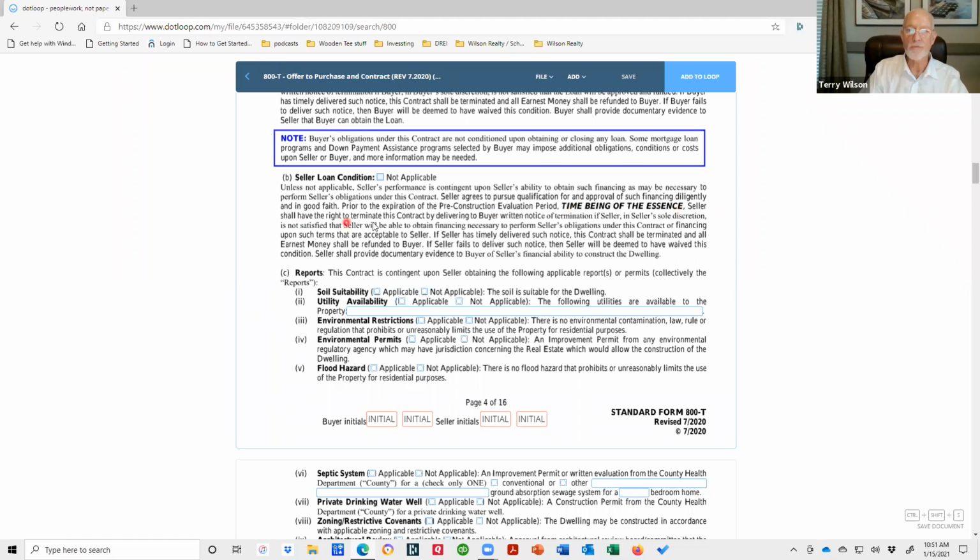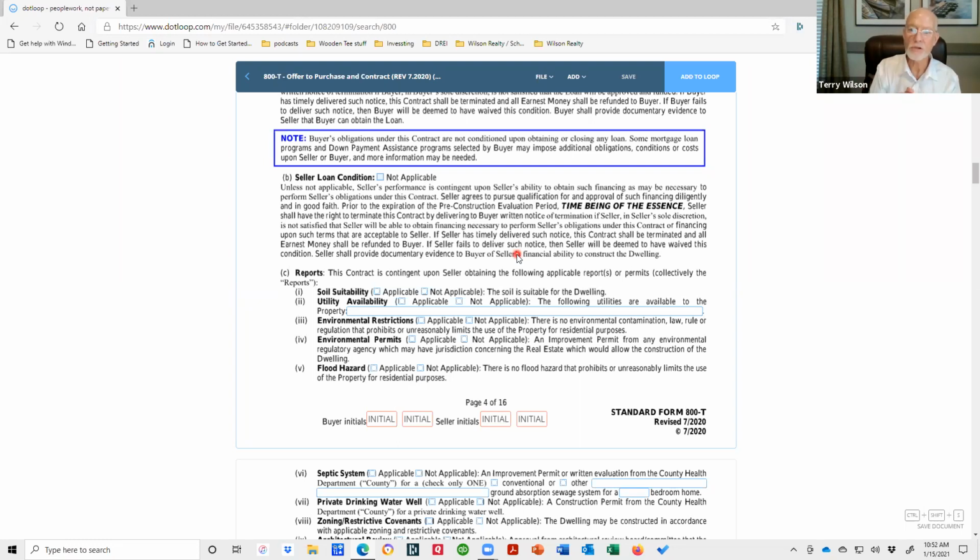The seller shall have the right to terminate this contract by delivering to buyer a written notice of termination if, in the seller's sole discretion, they can't get financing. And if they can't get financing during the pre-construction due diligence period, then the seller will deliver that notice. The contract will be terminated. Earnest monies will be refunded to the buyer. Everybody walks away. No harm, no foul.